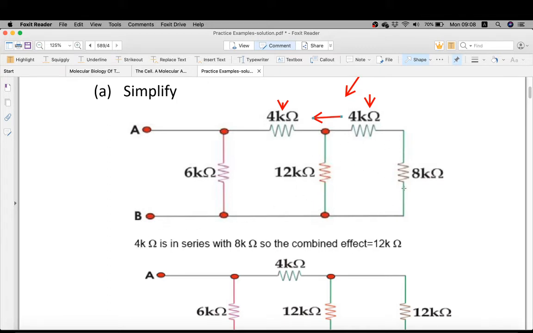So let's start. I told you, if we take from the right side, then it will be much better. So first of all, we will take these two, 4 kilo ohm and 8 kilo ohm.